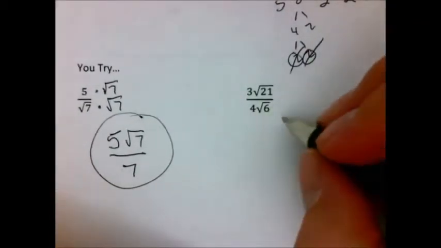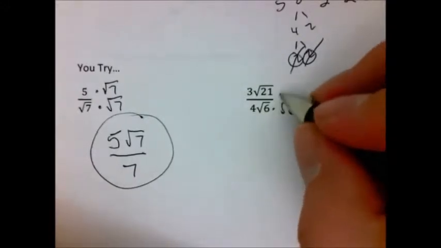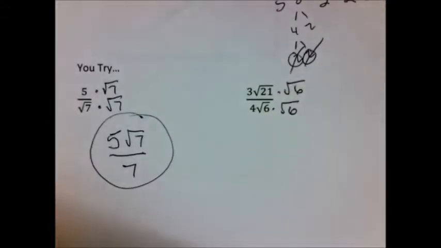Next one. We get rid of the square root of 6, so we multiply the bottom and top by square root of 6.